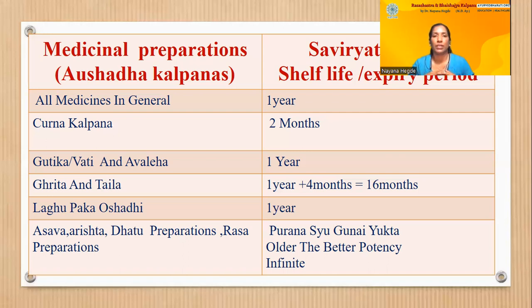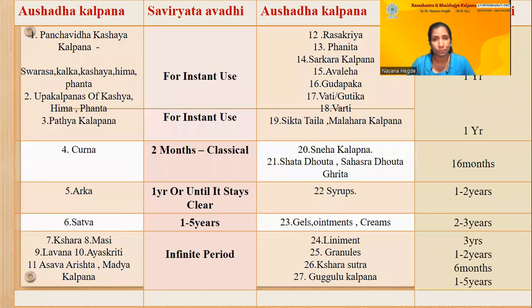Older, the better the potency. जैसे पुराण होते हैं, वैसे गुणवान होते हैं। पुराणः स्युः गुणैर्युक्ताः means it has the saviryata avadhi infinite. जितना पुराण होता है उतना गुणवान होता है, right? So it has the saviryata avadhi for infinite period.